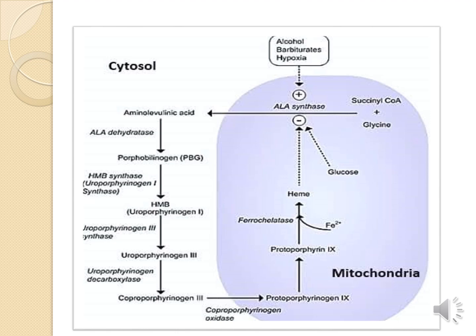And this end product, coproporphyrinogen 3, enters into the mitochondria with the help of the enzyme coproporphyrinogen oxidase, and is converted to protoporphyrinogen 9. Then from protoporphyrinogen 9 it forms protoporphyrin 9, and it is converted to heme with the addition of Fe2+ and the enzyme ferrochelatase.